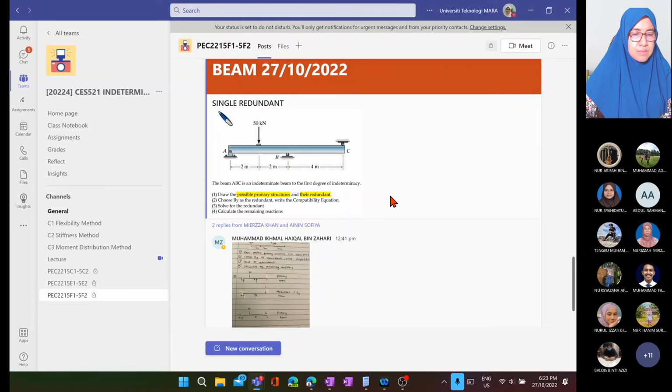So inshallah by this Saturday, is it okay 11 to 1 afternoon or you want night session? Which one do you prefer? Afternoon, doctor. Okay, so inshallah we will set the session at 11 to 1, using Teams meeting.